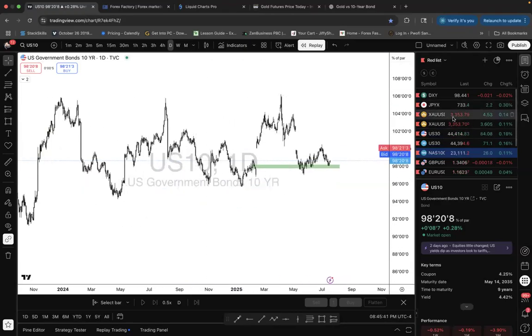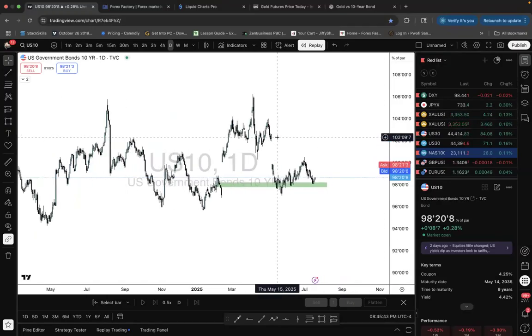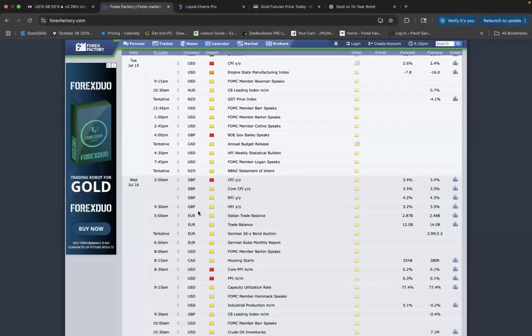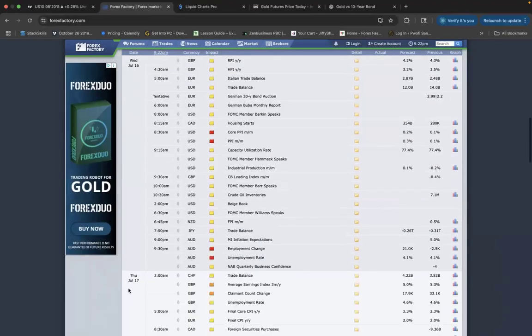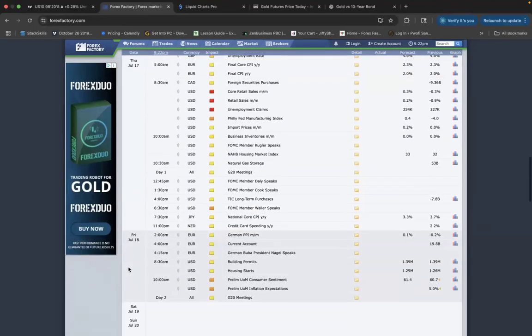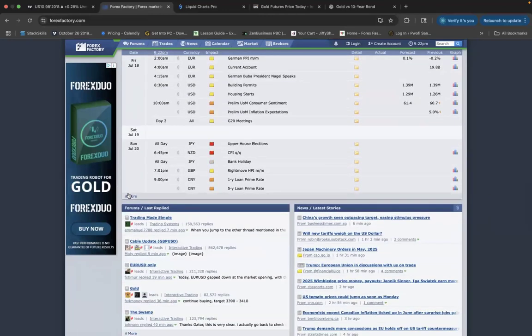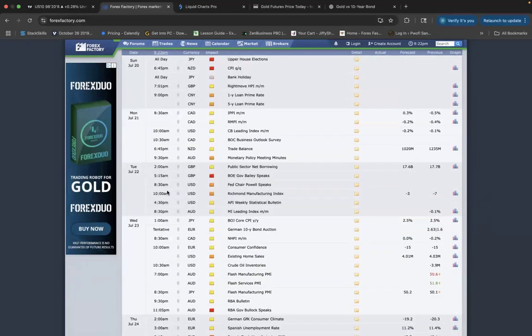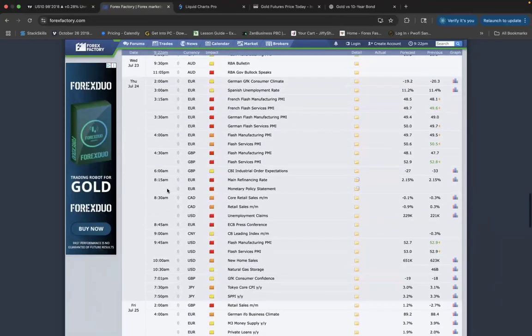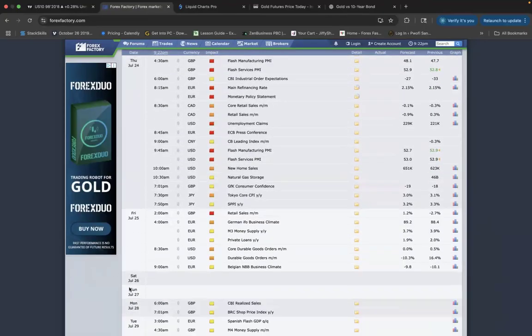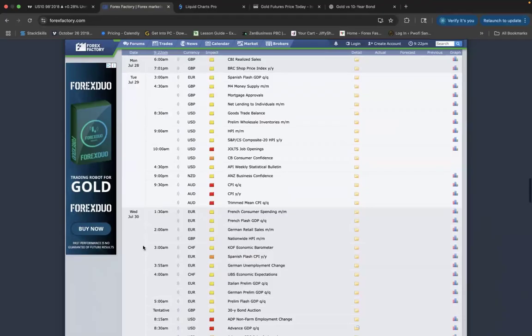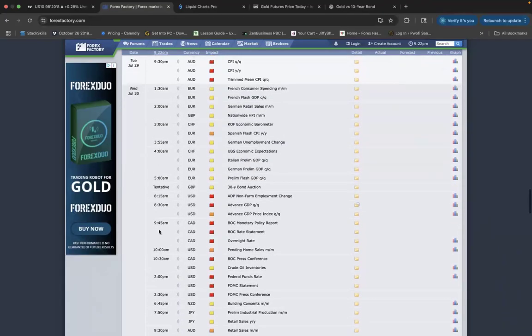It doesn't really matter much until interest rates go up, because right now we've been at a steady 5.5, I believe. Let me go and check and see where the Bank of Canada is.